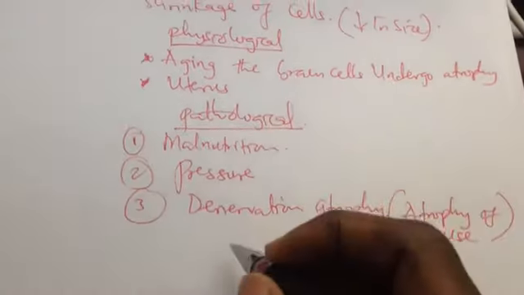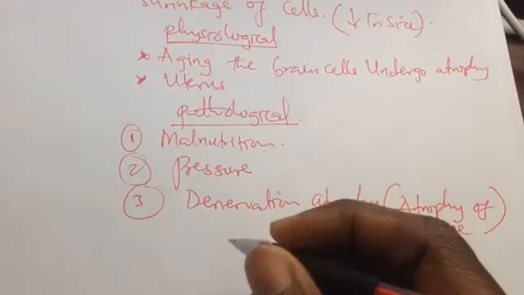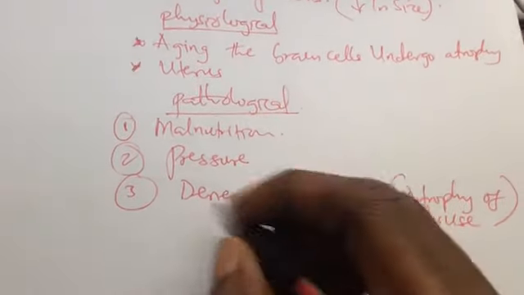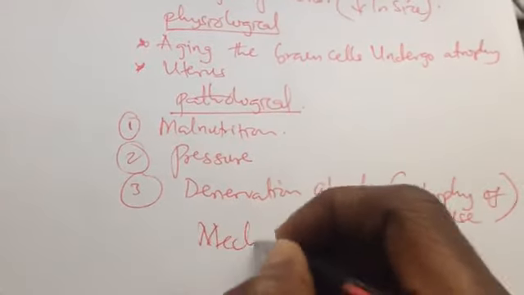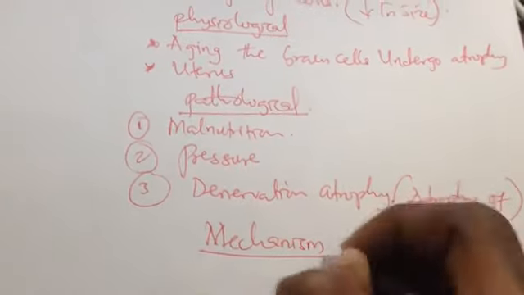So what is the mechanism of these cells undergoing atrophy? Cells undergo atrophy by breaking down their protein.